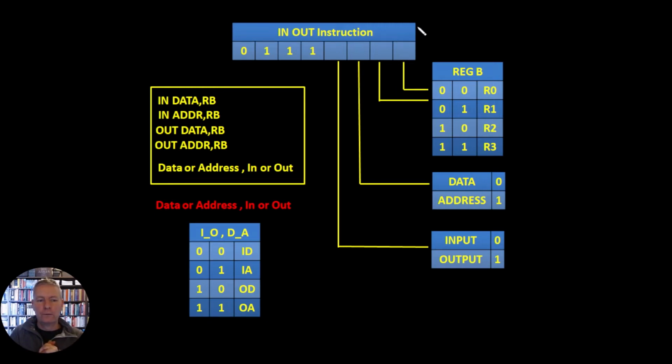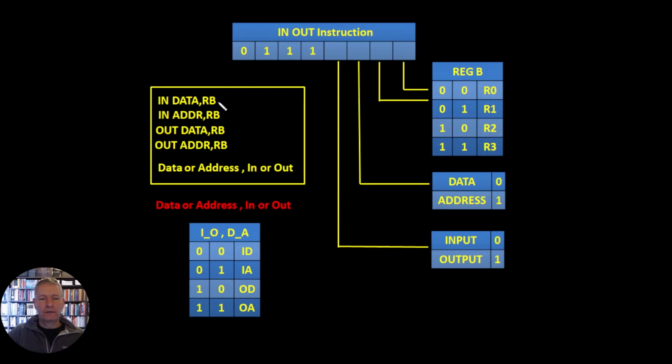Now also we would have to decide whether there's actually data coming in or an address coming in, or whether it's data going out, an address going out. So these are the four options here that we're going to have. We're going to have an input of data, or an input of an address, or an output of data, or an output of an address.